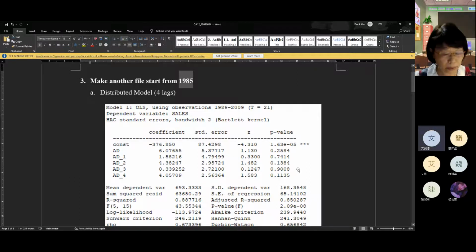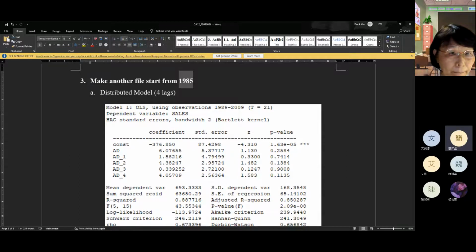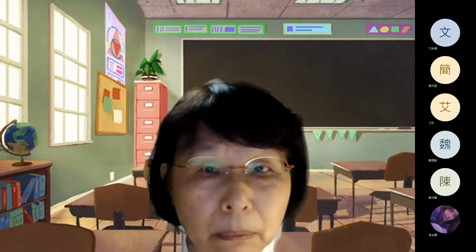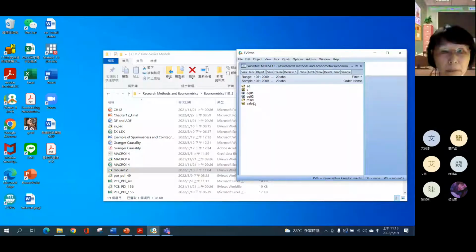Let me see. Because on the file, we're starting from 1980. Let me see the data. Let me share my screen. What does the data look like?